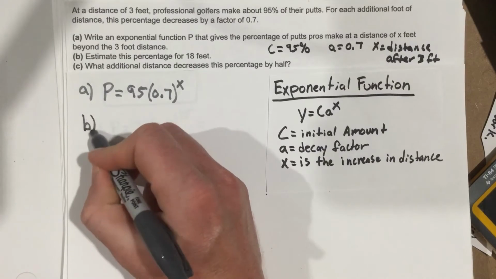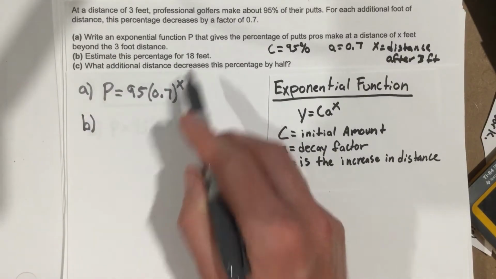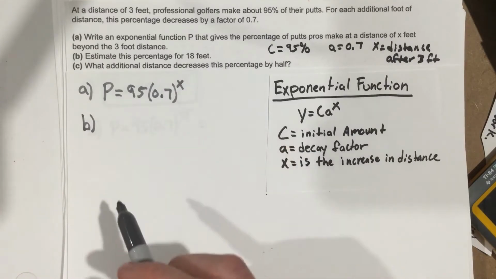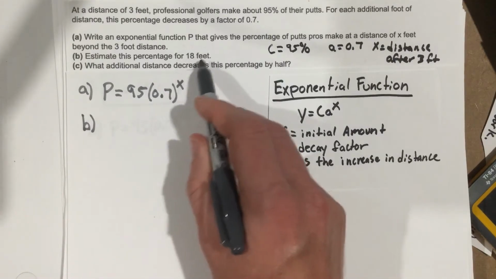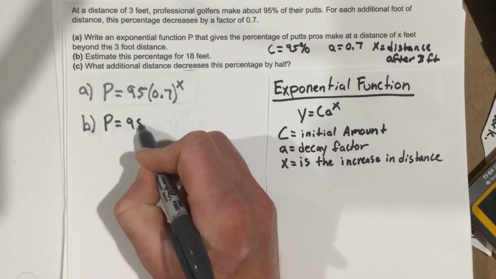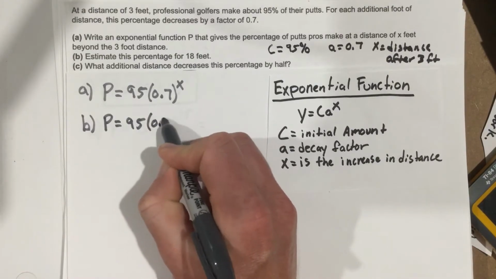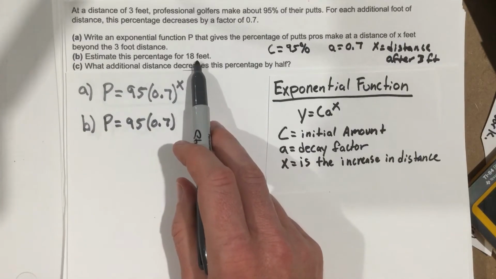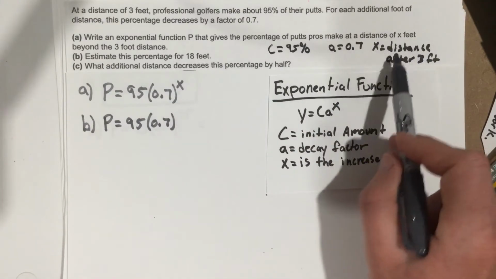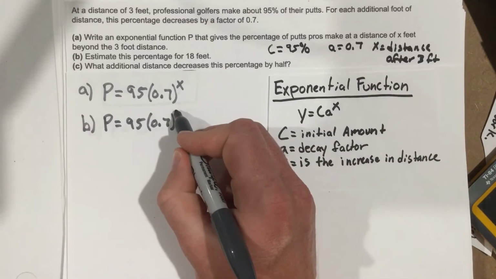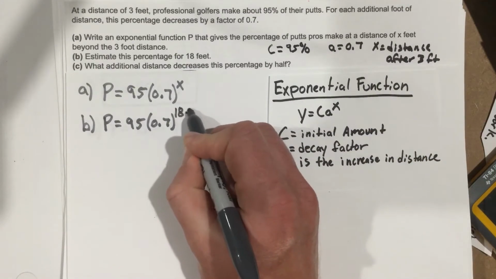For part B, they say, estimate this percentage for 18 feet. Now, they want us to round to the nearest tenth. Keep that in mind when we do this. But if we're going to estimate for 18 feet, all we've got to do is plug in 18, but we're not going to actually plug in 18 because they're talking about an 18-foot putt, but x is our distance after 3 feet, so we need to do 18 minus 3. So we can put that in here, 18 minus 3.